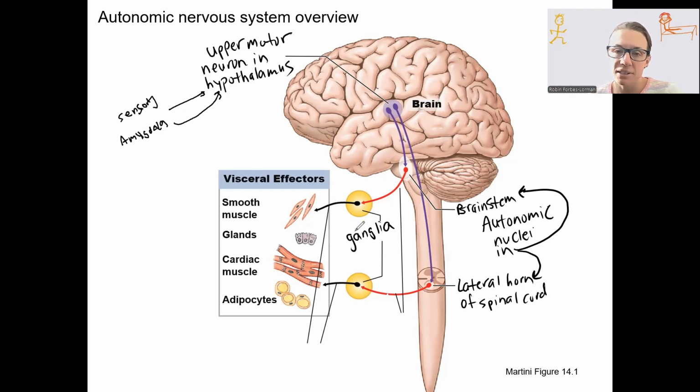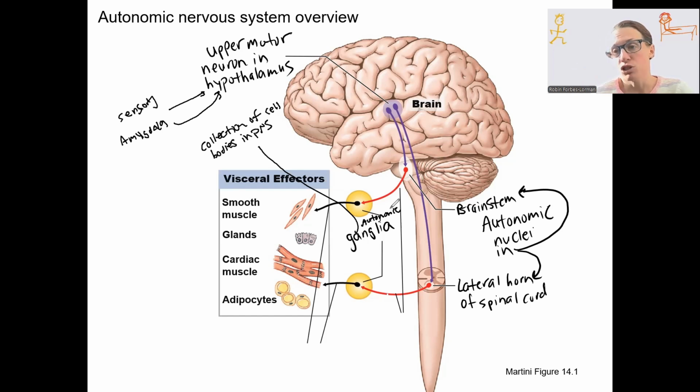Ganglia means a collection of cell bodies in the peripheral nervous system. In this case, this is an autonomic ganglia, right? Because it's in the autonomic nervous system, as opposed to the dorsal root ganglia.